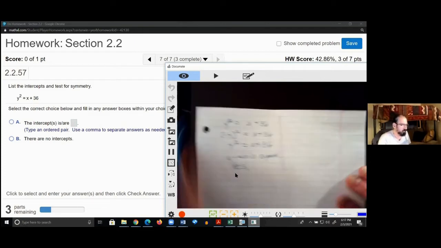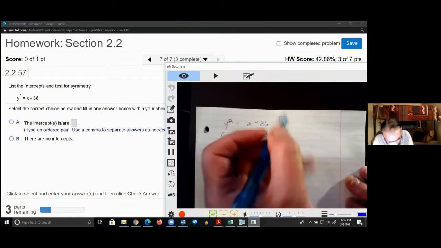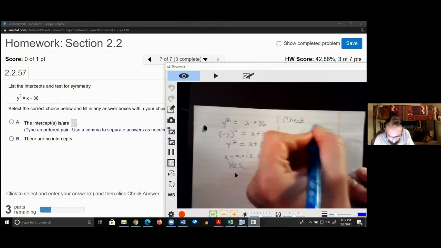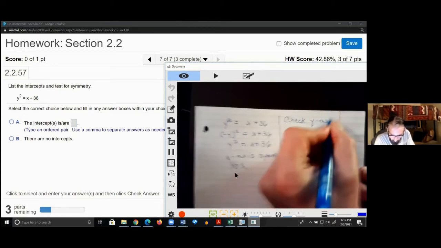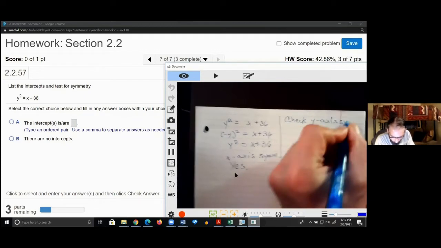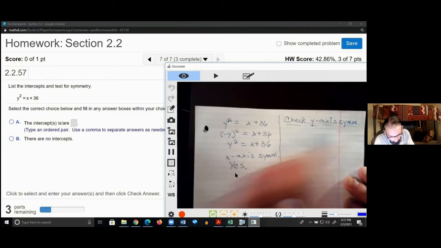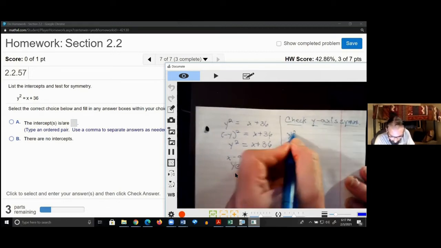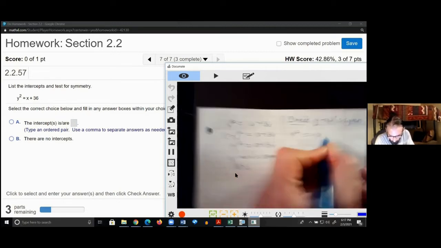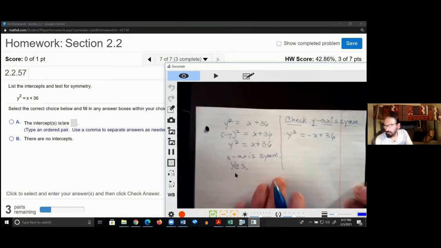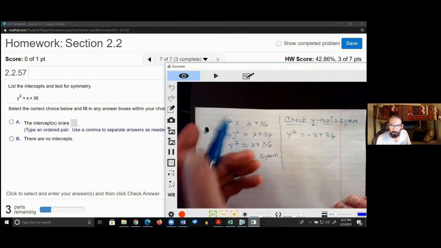Whereas if we try to change the sign of x, to check for y-axis symmetry, then that would give us this. It does not look exactly the same as the original equation.